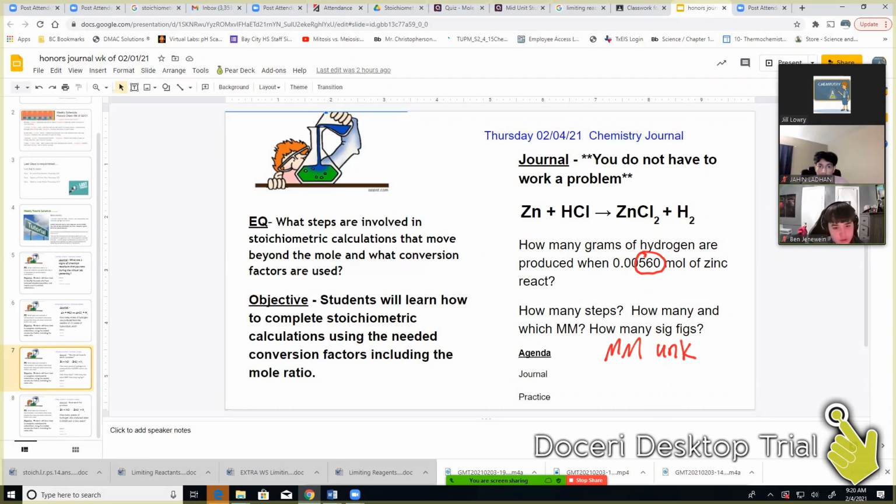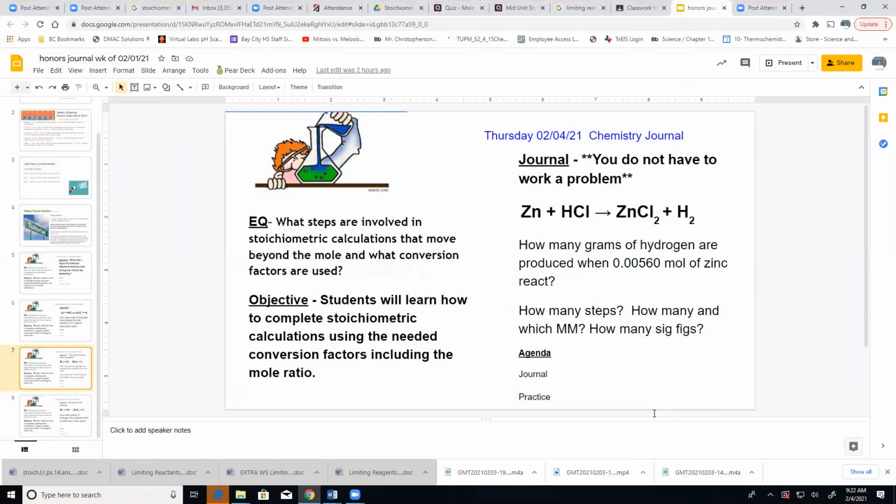All righty. So today I'm going to go over the stoichiometry roadmap with you. If you do not want to use it, that is fine with me. But for some people, maybe it helps. So let's look at that.